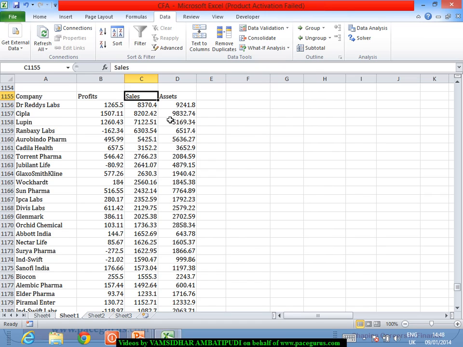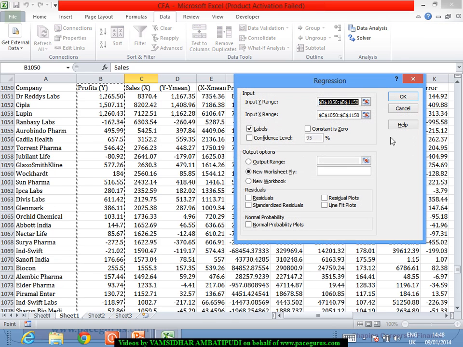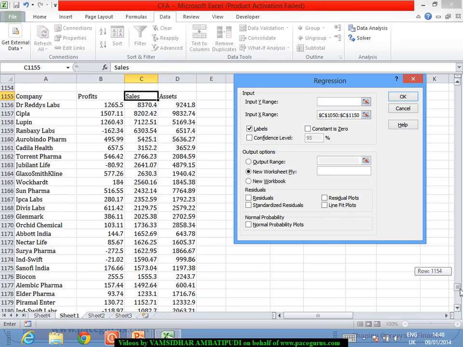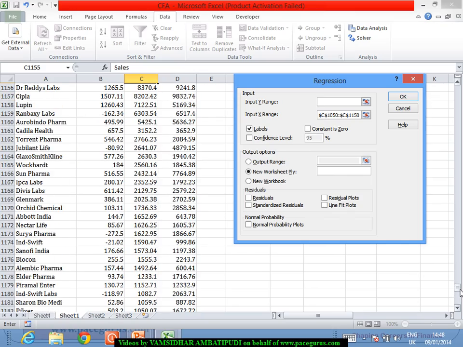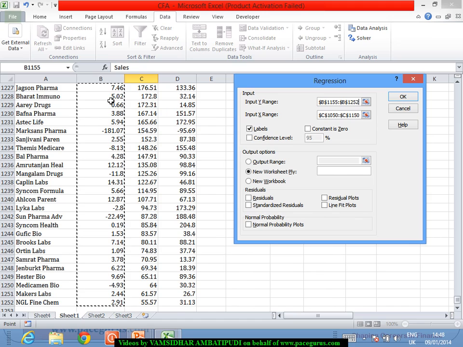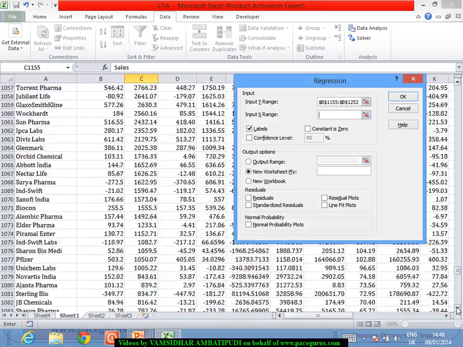So let me just quickly execute the multiple regression model, and after that we'll get into the interpretation aspect of that. So in the regression part, I'll look at the input variable, which is the profits. Profits form the variable y, and whereas the independent variables, here I am considering two.